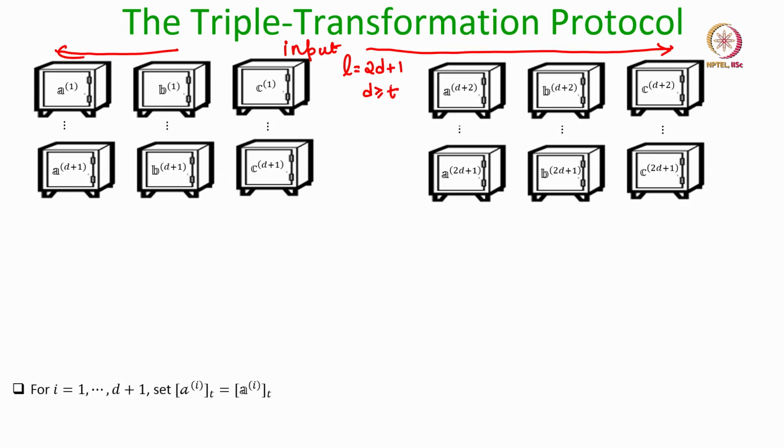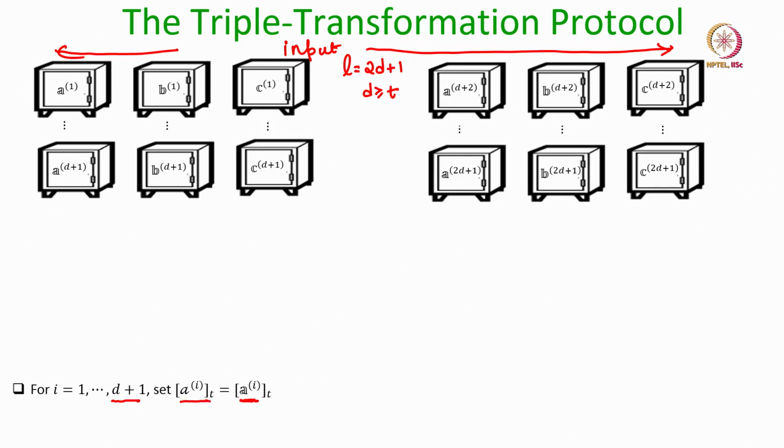Now, the steps of the triple transformation protocol are the following. For the first d plus 1 output triplets, we set the A component to be the same as the input itself. So, I take for i equal to 1 to d plus 1 the A component of the input triplets, and I consider those triplets to be the first d plus 1 output triplets.